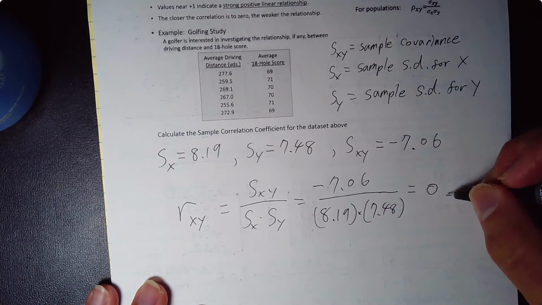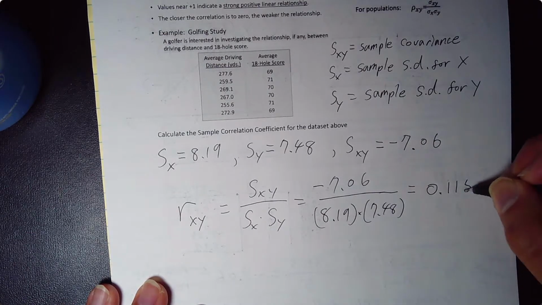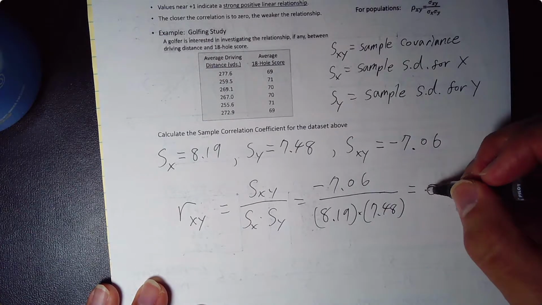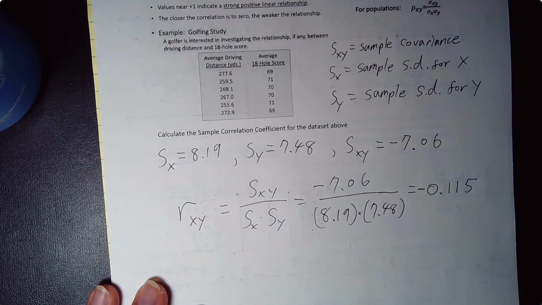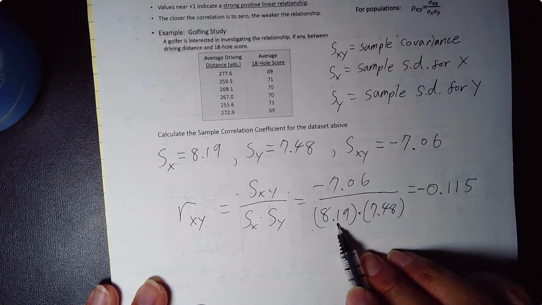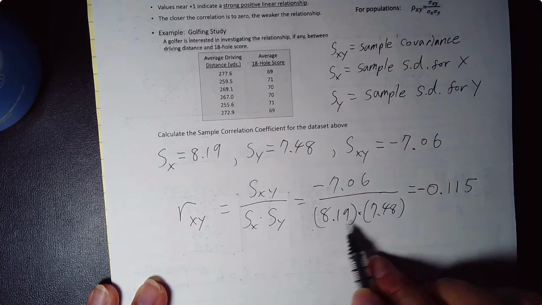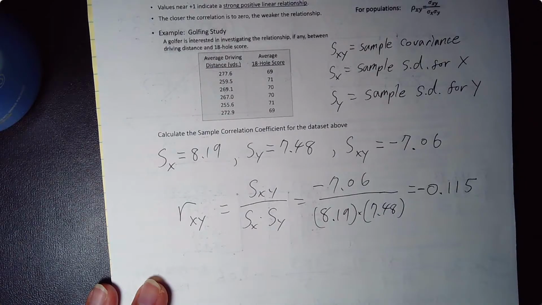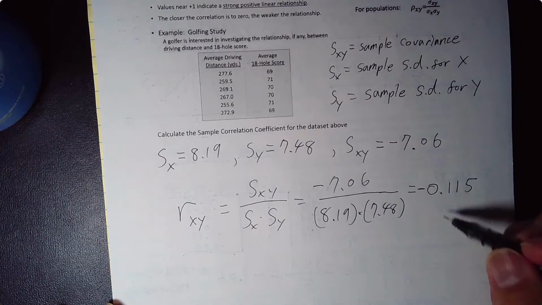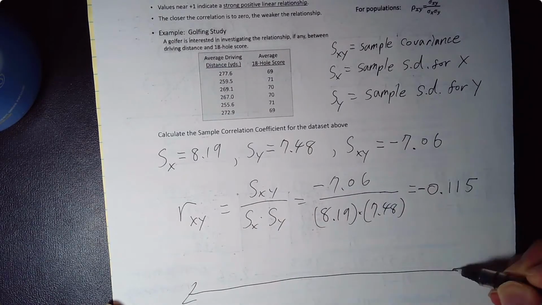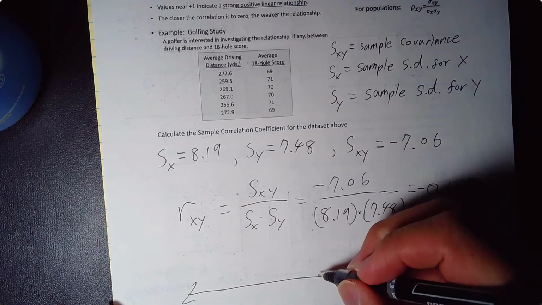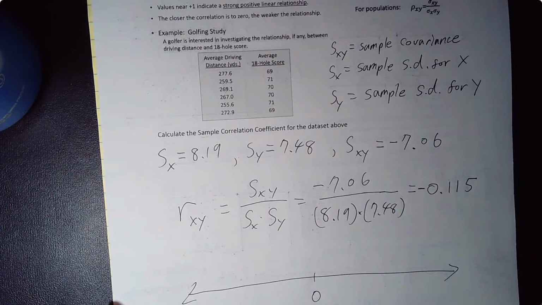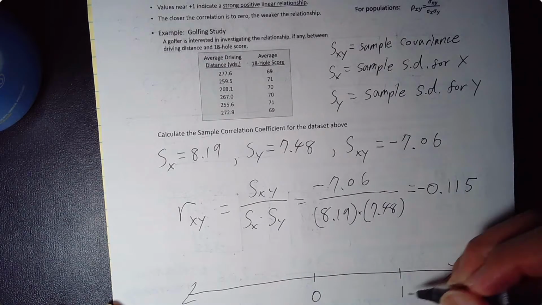You should get negative 0.115. Standard deviation is always positive, so really what gives the sign is the numerator. The numerator will always give you the sign. Remember, the sample correlation coefficient is always between 1 and negative 1.